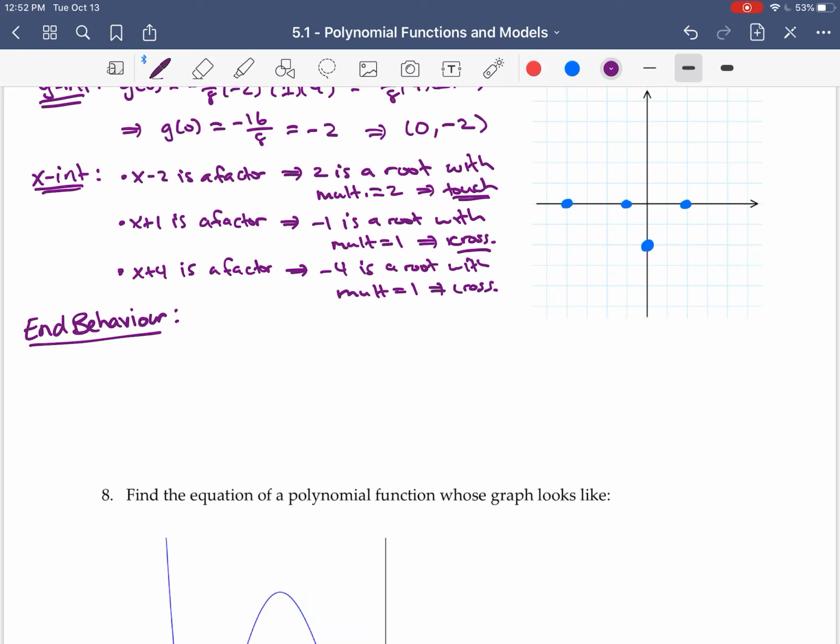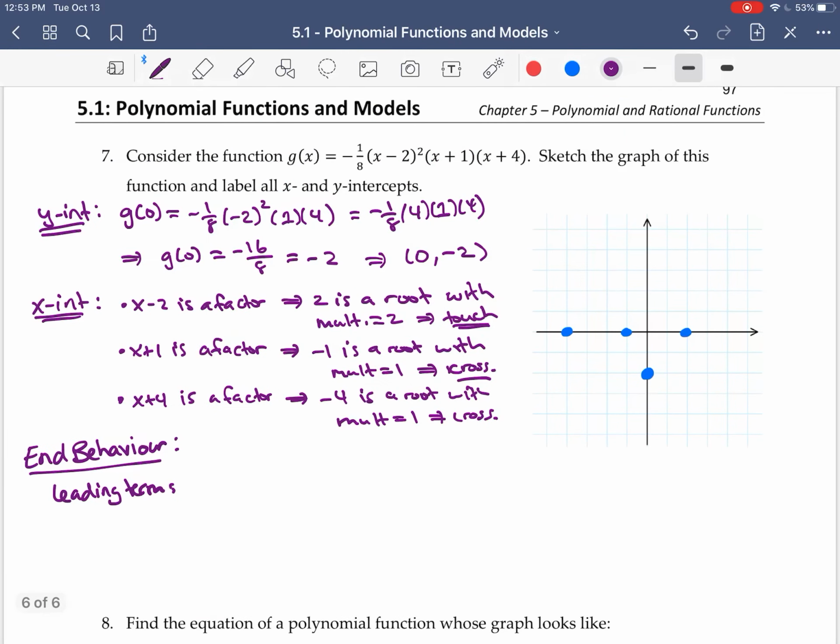Okay, so we want to get the leading term. So I take the leading term of each piece. So I'm going to have the negative 1 over 8 from the first piece, and then I have the x from the second one squared. Here, let's highlight those.